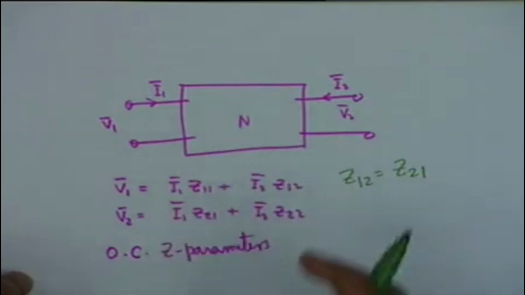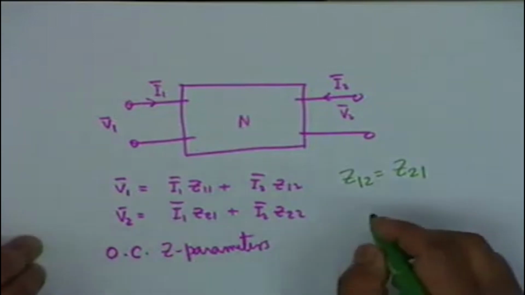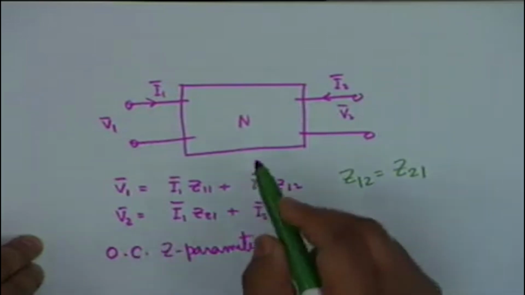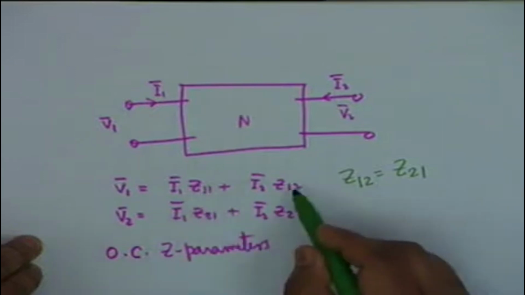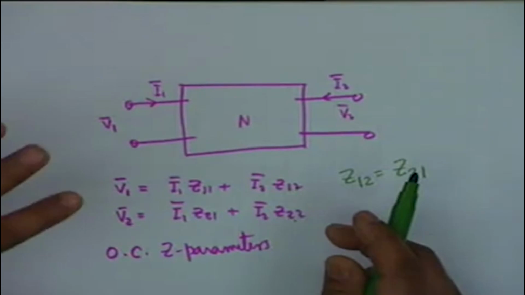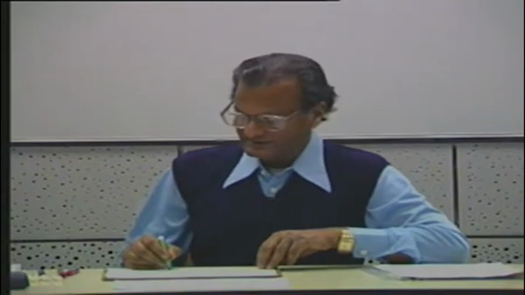There are many other interesting things that can be brought out from these relationships, and one of them is that the black box, if you characterize it by Z11, Z12 and Z22, only 3 out of 4 are needed if the network is reciprocal. Then you can construct an equivalent model for the network like this.